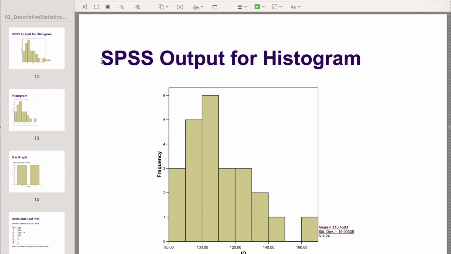So this right here, SPSS, is a statistical software called Statistical Package for the Social Sciences, and it computes certain statistical measures. It's a very classical statistics software, and this particular histogram visualization was generated using the SPSS software.